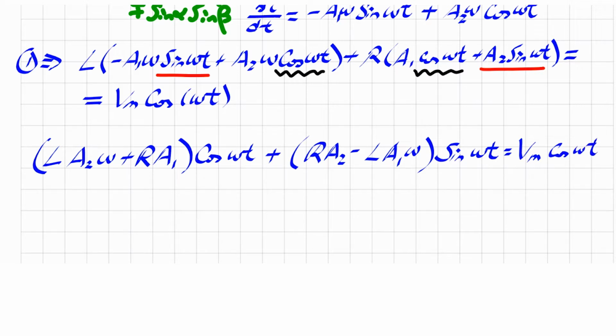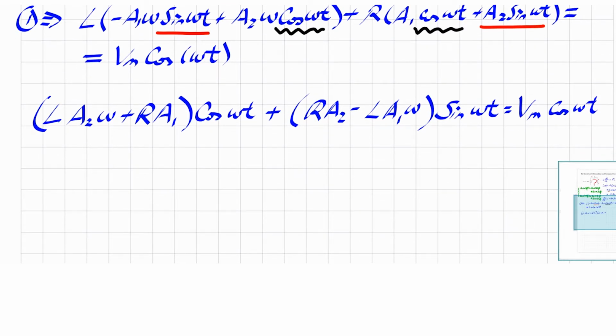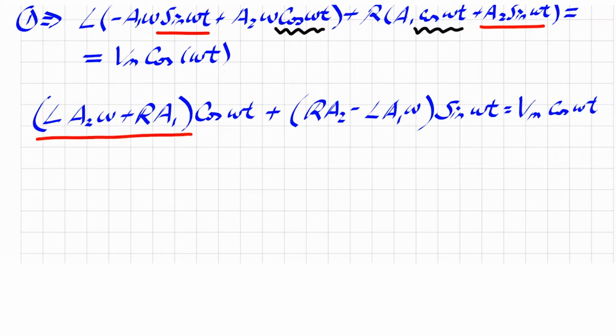So we can see here, if that is valid, then the coefficient of cosine omega t must be equal to Vm, where the coefficient of the sine omega t must be equal to 0, because it basically says that this equals plus 0.